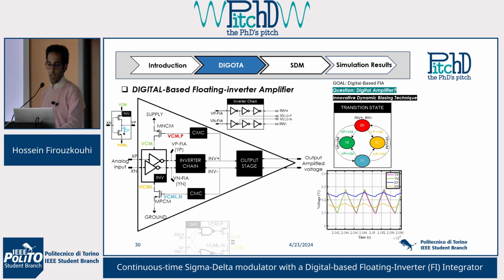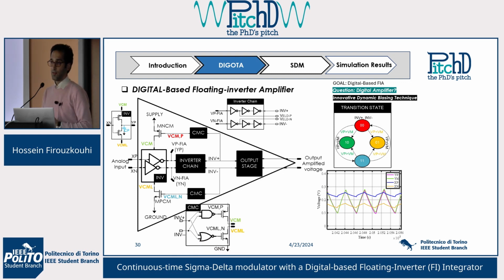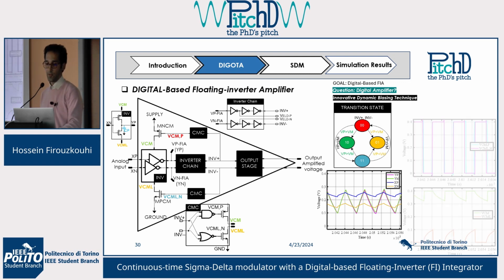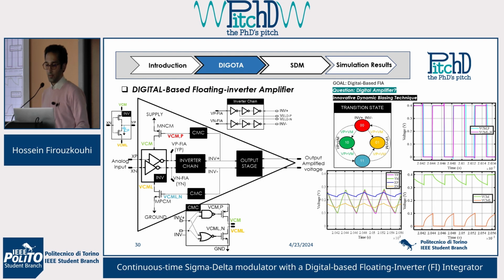For example, if we are in a 0, 0 state, as you can see in the CMC block, the VCML is connected to the ground, and as a result, the VCM, as you can see here, is discharged to reach a specific value, which we call this voltage or floating, and this is the concept.